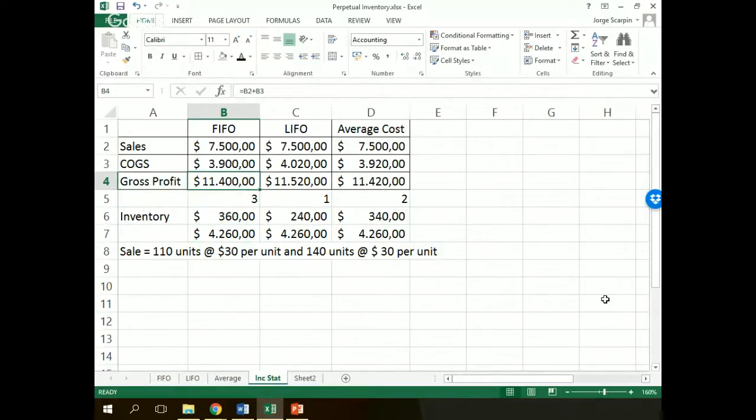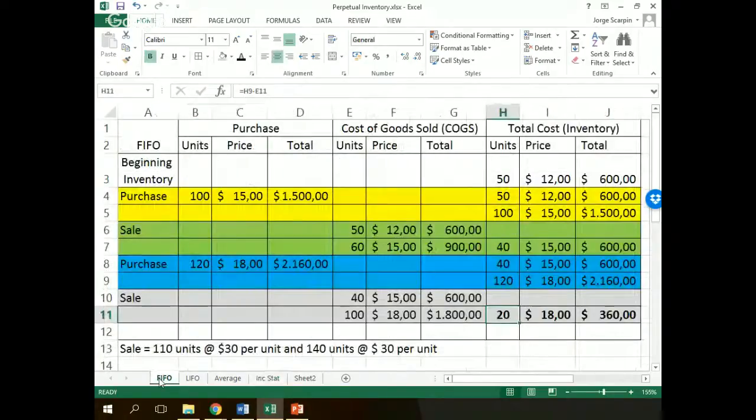And what about this behavior of gross profit? Will LIFO always be the highest one and FIFO always be the lowest one? No. This happens only because our price is getting higher. Our beginning inventory 12, then higher price on our first purchase, higher price on our second purchase.